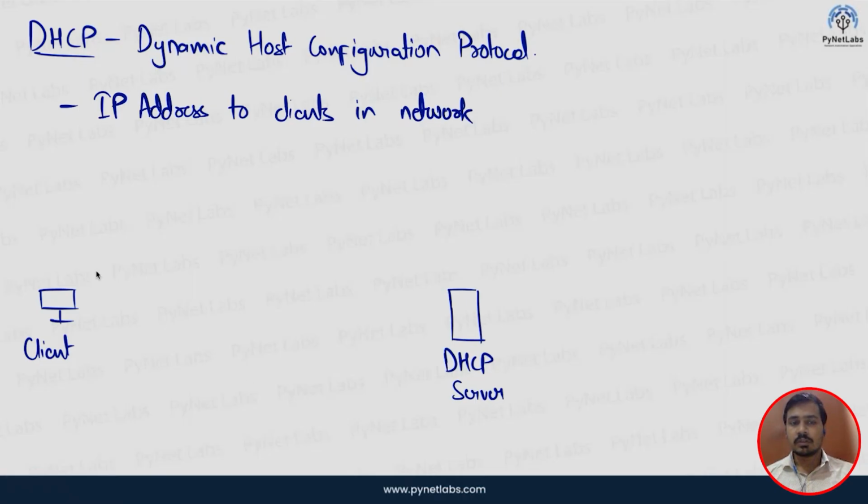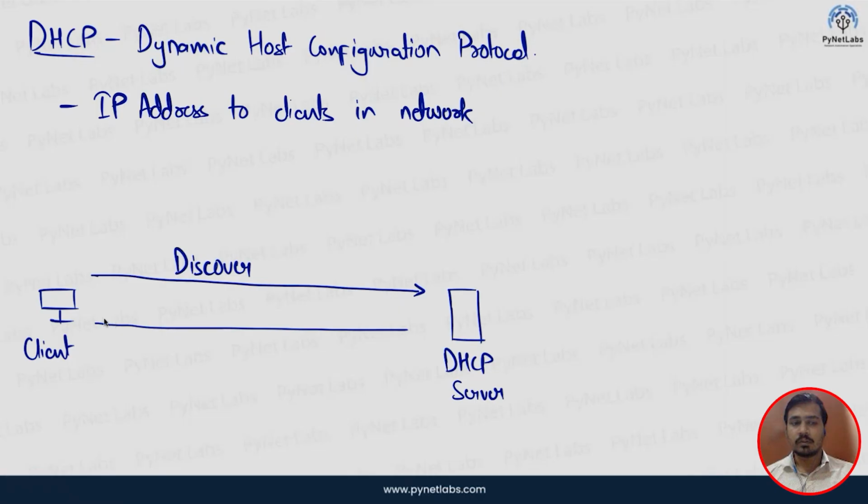The first message that it sends is known as the discover message. It sends a discover message intended for the DHCP server, saying that it requires, or is asking for, an IP address and configuration. Once the DHCP server receives this, it generates another message intended for this very client.